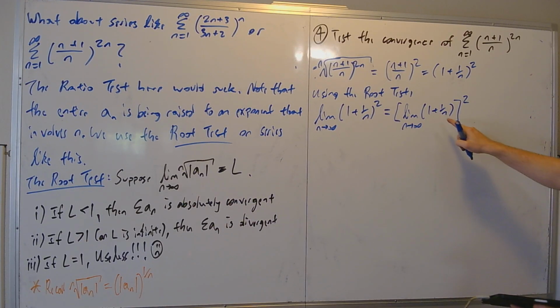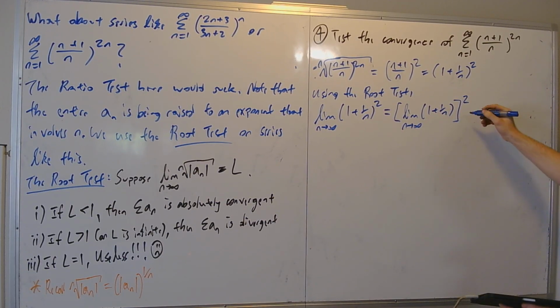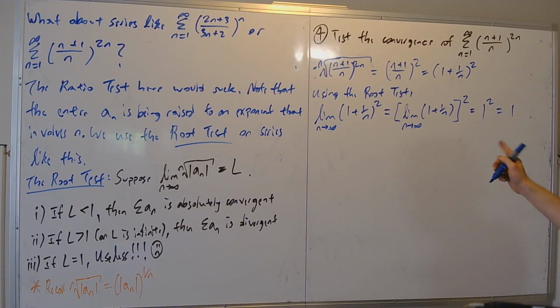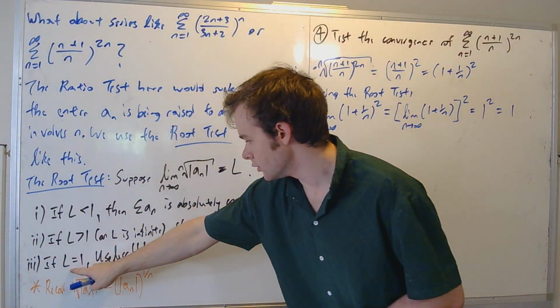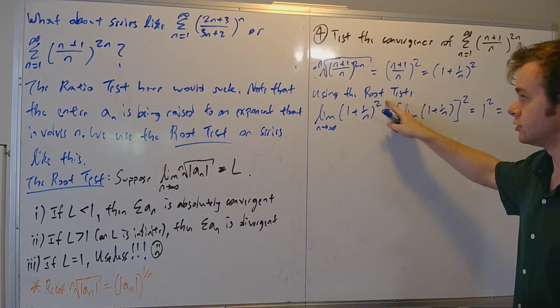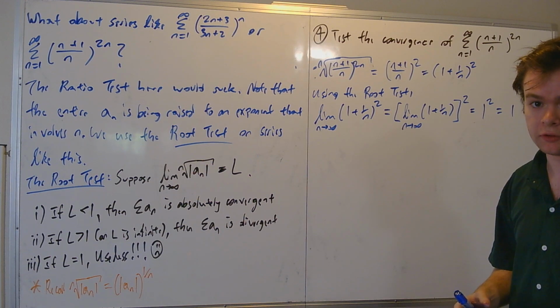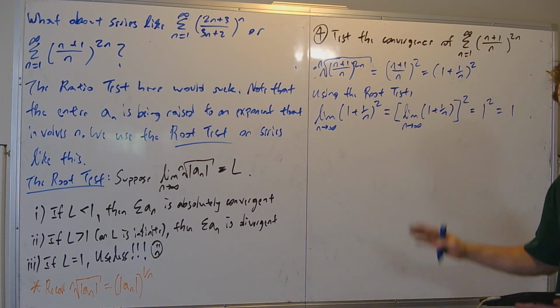And now, since we've done that, we can just say, well, n is going to infinity, so this fraction is going away. So this is just becoming 1 squared, which is 1. Okay, so our answer here was 1. So using the root test, if we get L equals 1, we see that that was actually useless. So the root test is not going to give us anything here. So it turns out we actually can't use the root test for this problem.